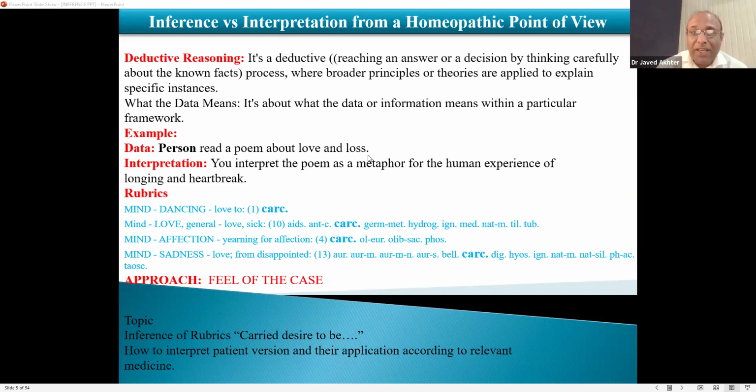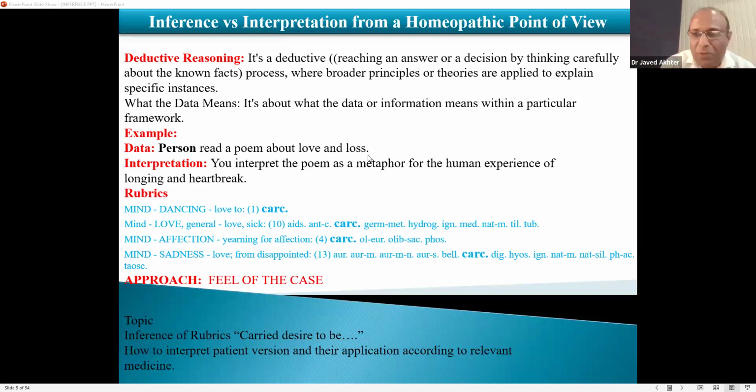Second, I took that this person is suffering from lovesickness, love sick. Third is affection, yearning for affection. Basically, he wants, yearns for affection. And fourth, now he is distorted: heartbreak, sadness, love disappointed.